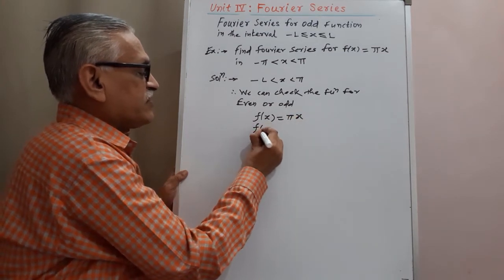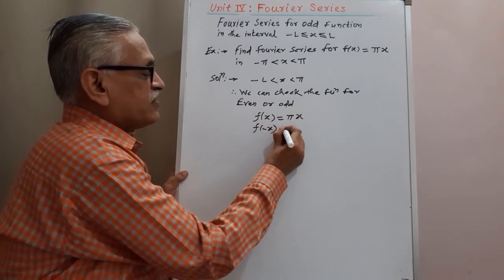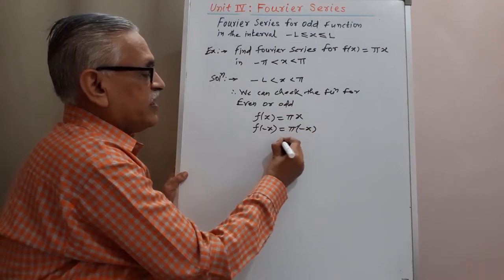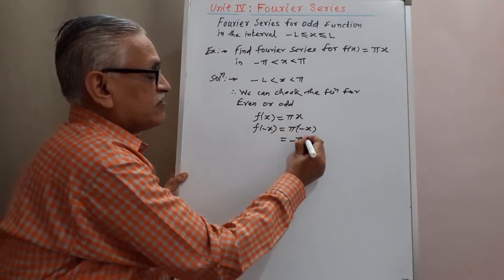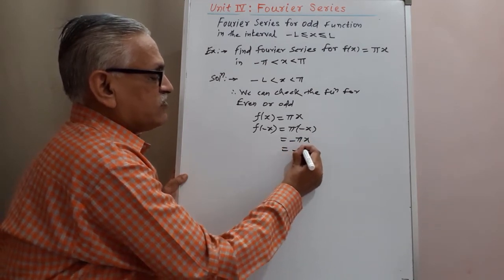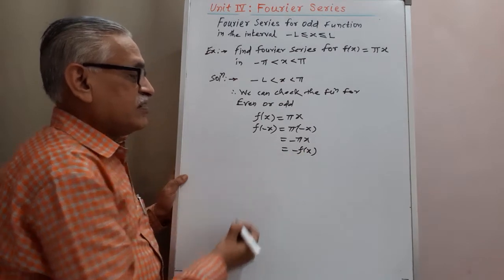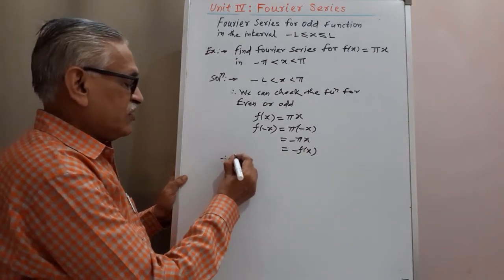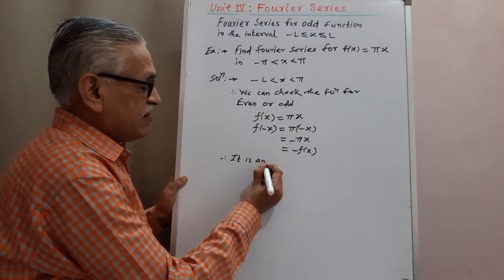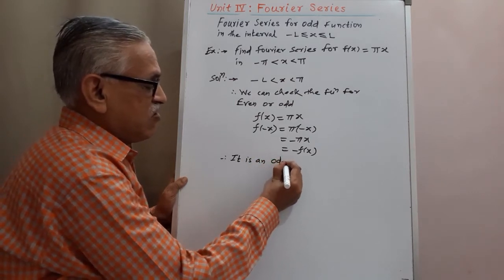Replacing x by minus x, we get f of minus x as pi times minus x, which is minus pi x. It is minus of f of x, and therefore it is an odd function.